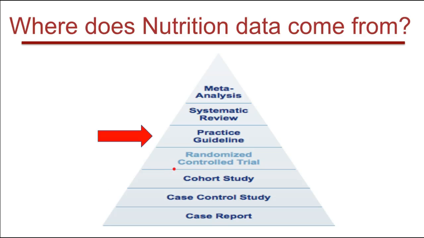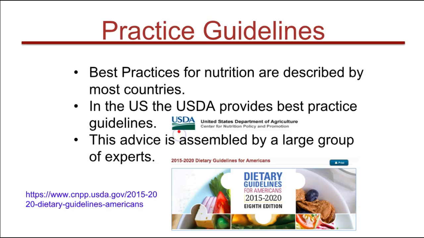Next, higher up in the hierarchy and the pyramid are practice guidelines. Practice guidelines for nutrition are described in most countries. In the United States, the USDA, the United States Department of Agriculture, provides the best practice guidelines for nutrition.